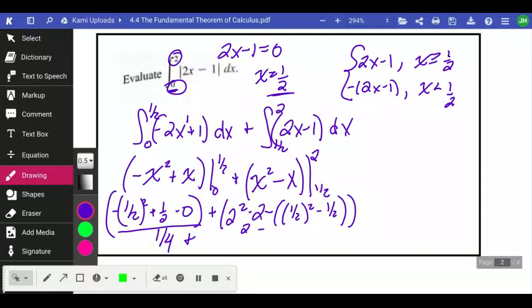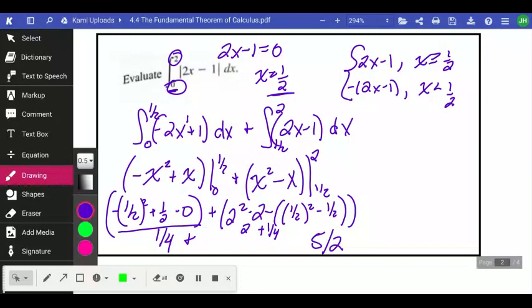And then 1/2 squared is 1/4, minus 1/2 is negative 1/4. And we're minusing a negative 1/4, so we're adding 1/4. Adding all that together, 1/4 plus 2 plus 1/4 is 2.5, so it's 5/2.